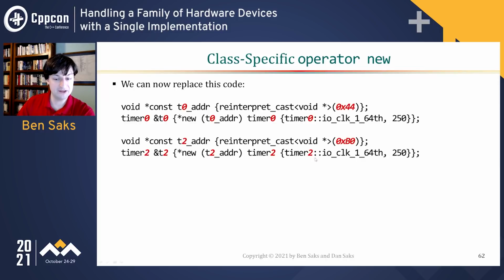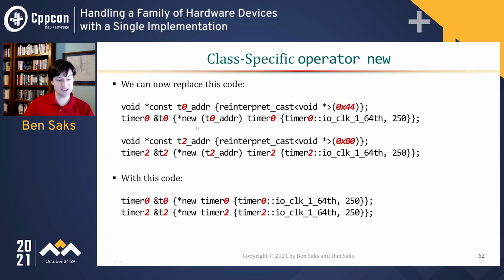Before, we had this code where the user had to specify the addresses of the timers themselves using placement new. Our class-specific new means that now we can replace all of that with just this code, which simply uses new timer 0 or new timer 2.